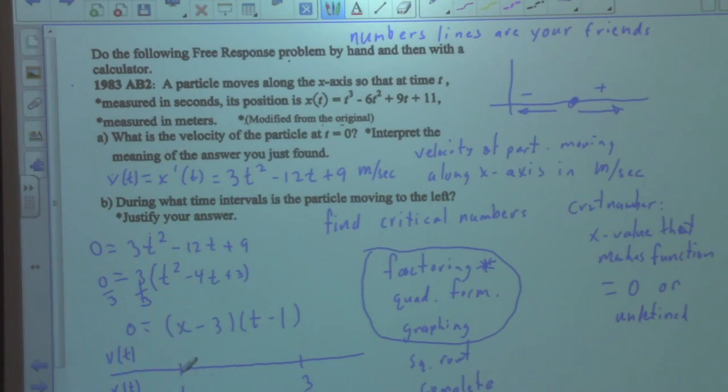So you know that the function equals 0 at 1 and 3, and you know it is greater than 0 here, because you have a negative times a negative. That means that x of t is actually going down during this interval. And what happens between 1 and 3? Like 2, right?